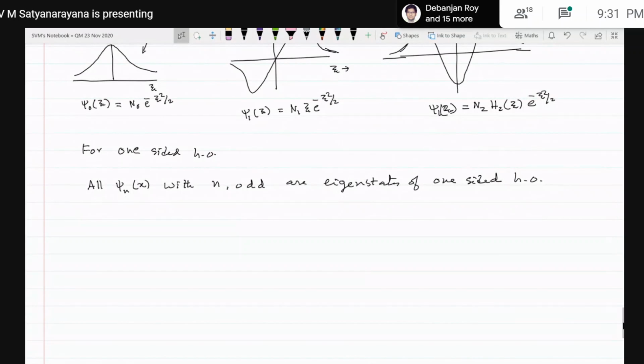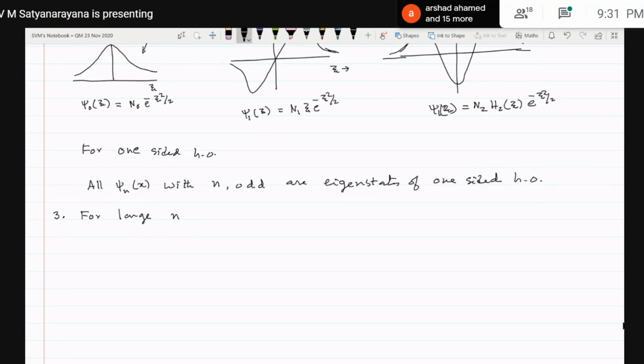Okay, so this is another remark that I wanted to make, and the third remark I wanted to make is with respect to large n. So what happens for large n?